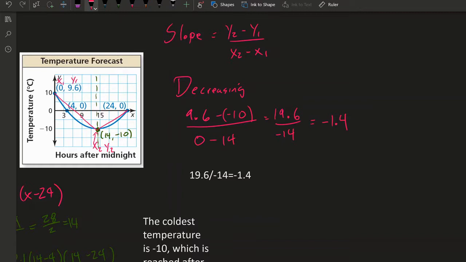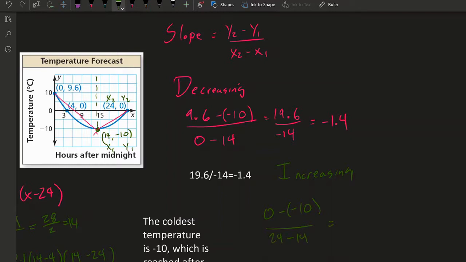Now if we do the same process for where it is increasing, I'm going to say that this is x1, y1, and this is x2, y2. So that means we would do 0 minus -10 divided by 24 minus 14.